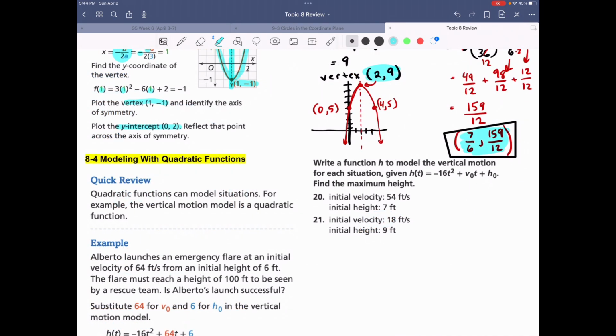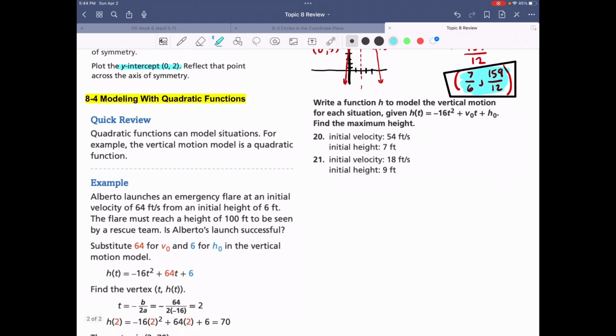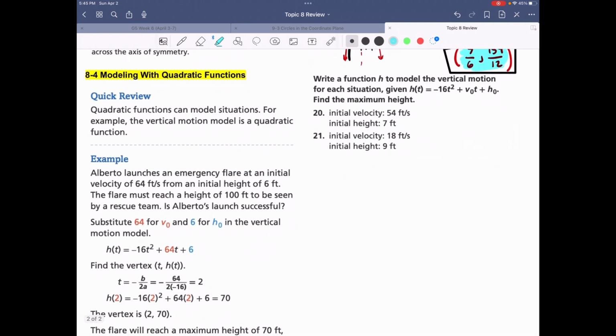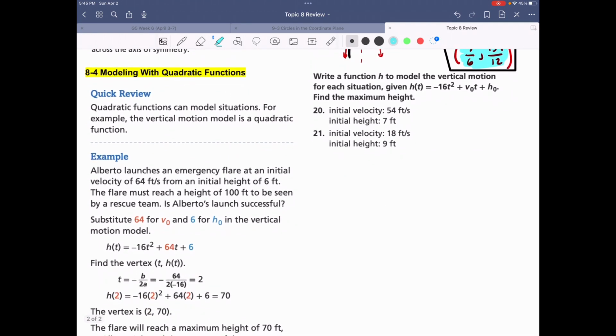For section 8-4, we learned modeling with quadratic functions. And we used the vertical motion model, which is like right here, and they plugged in 64 for v0, and they plugged in 6 for the height.